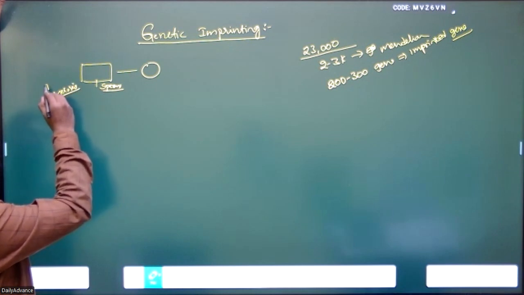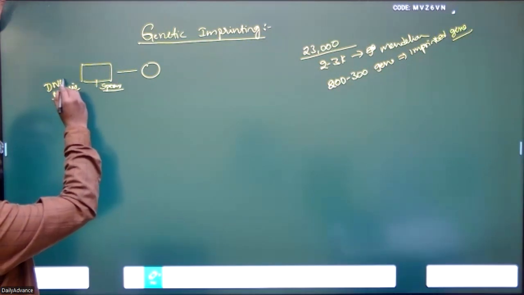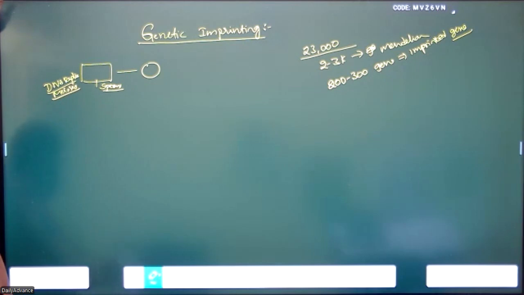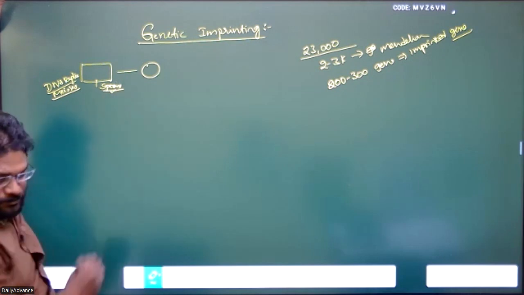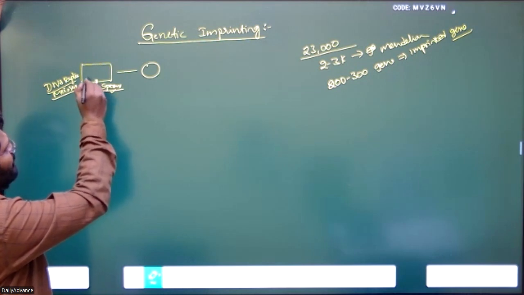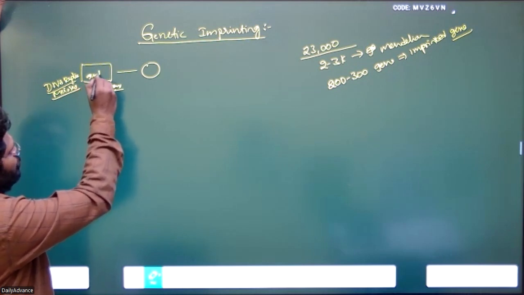Meiosis means DNA replication, through which 2 cells come into being. Those 2 cells again undergo meiosis and 4 daughter cells come into being. Those daughter cells we call sperms. And in this, one of the chromosomes has the genetic disorder.